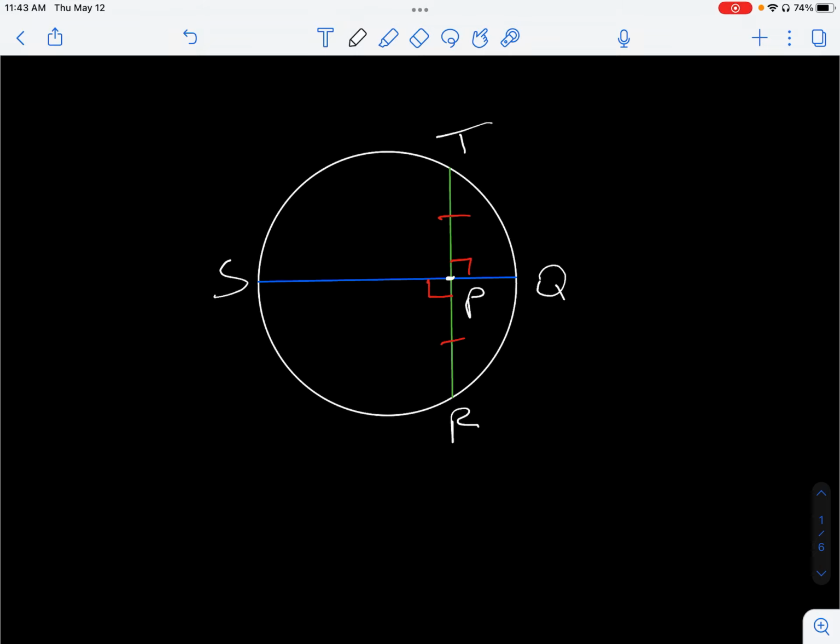Let's talk more about chords. One of the things that's true about chords is if one chord is a perpendicular bisector of another chord, then the first chord is a diameter. What does that mean? Here we have chord SQ because it's clearly on the circle.